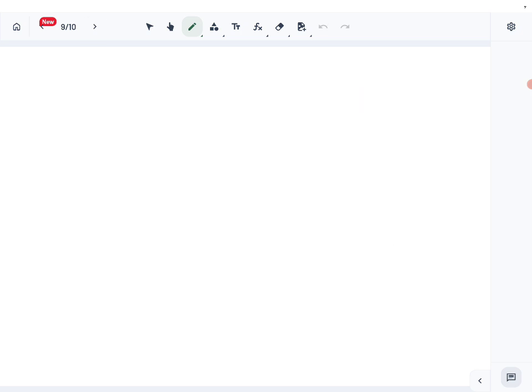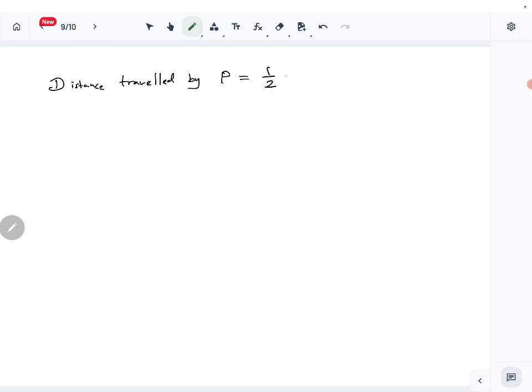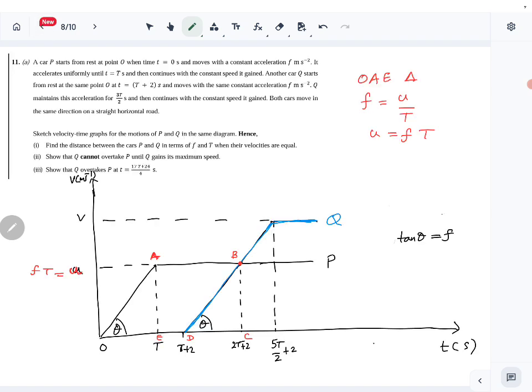So then the distance traveled by P until the velocities match is half into u into the two parallel lengths. So those are the AB length and the OC length.